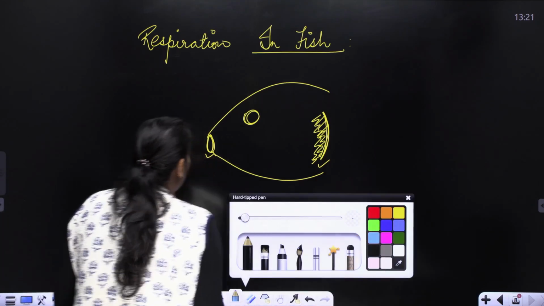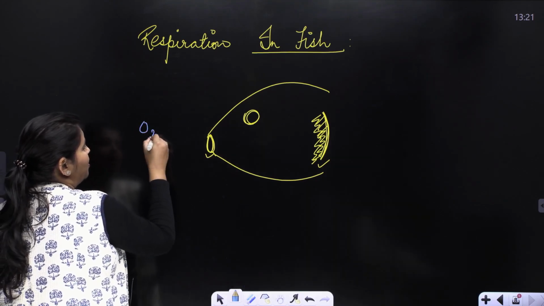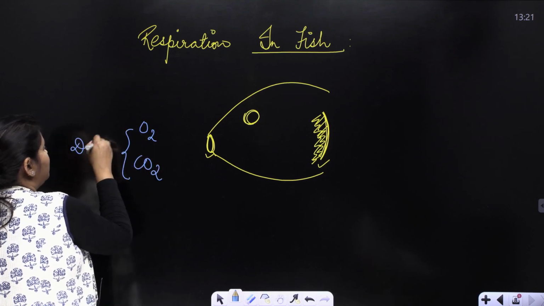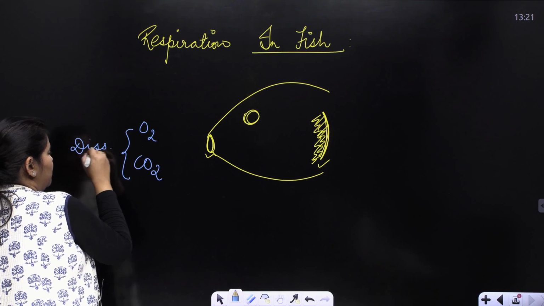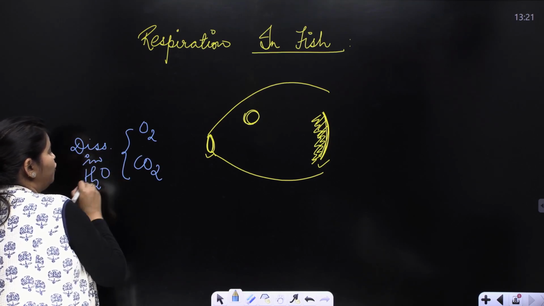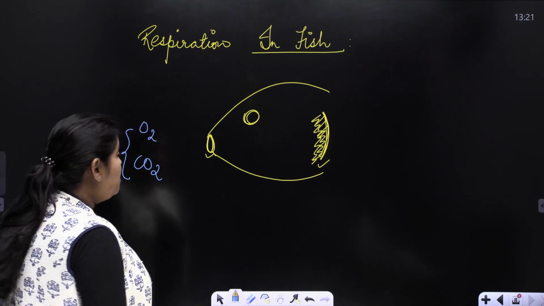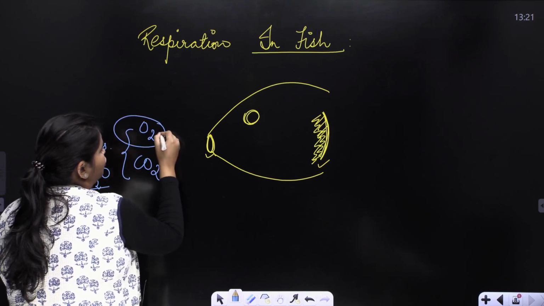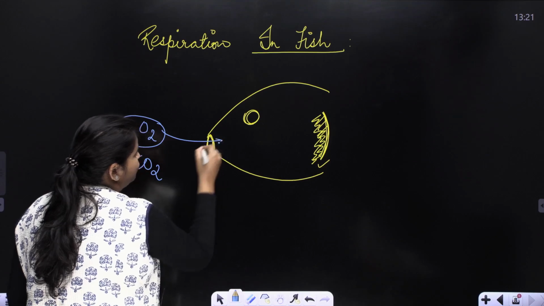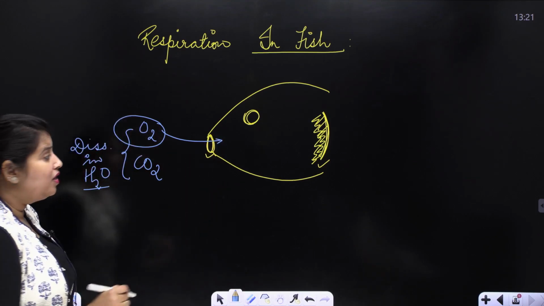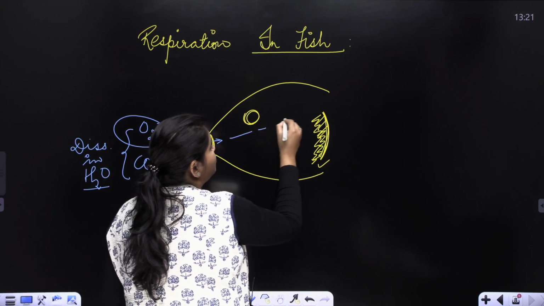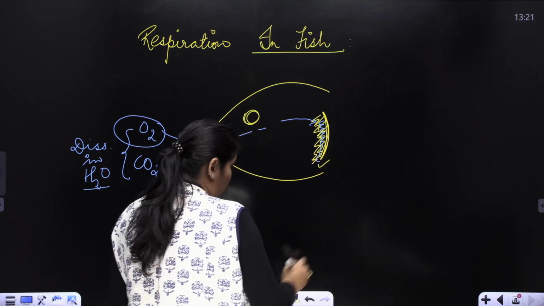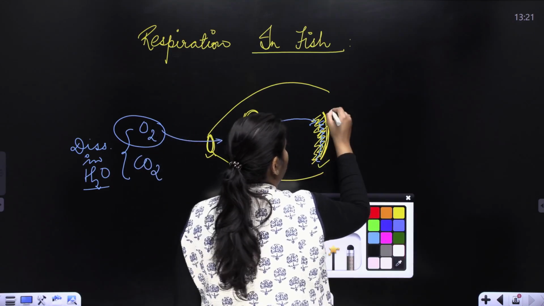All right. Now we know that gaseous oxygen and carbon dioxide are present in dissolved form in water. Now, the water which is rich in oxygen enters here through the mouth. This water then splashes over the gills, and what is happening here? Exchange of gases.